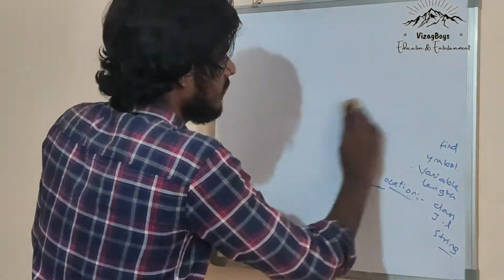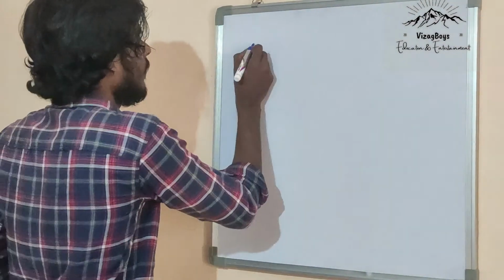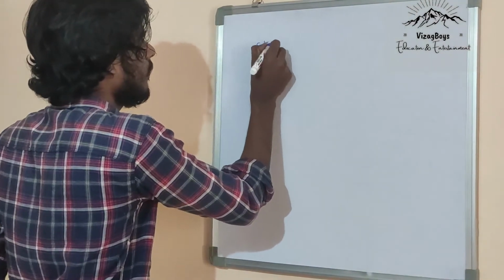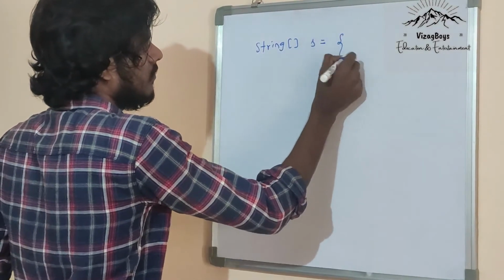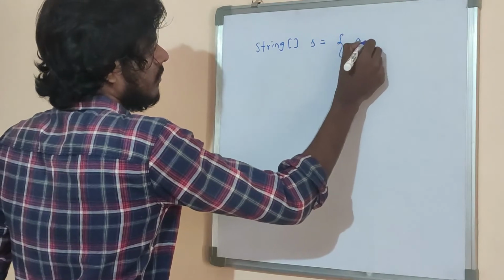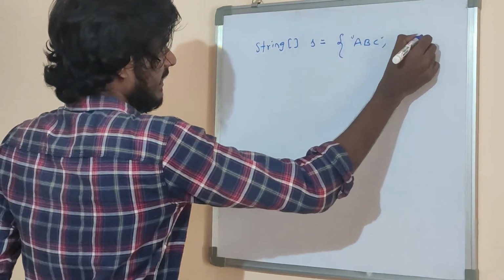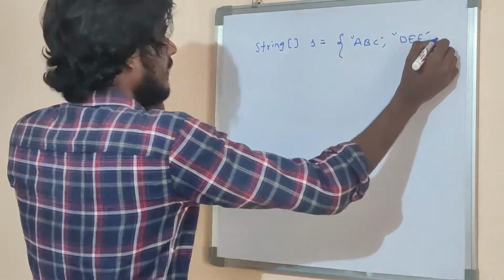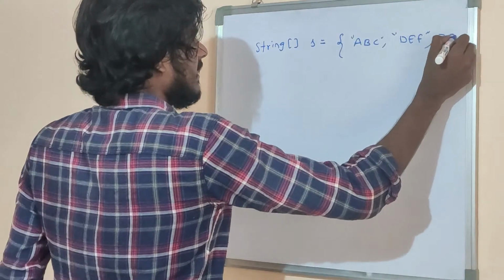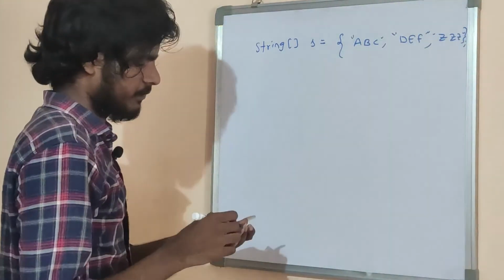See the example. String array s is equal to abc, def, zzz.